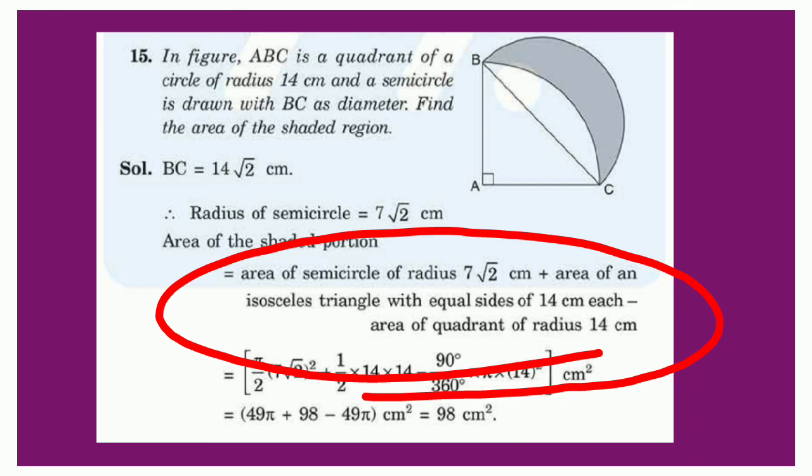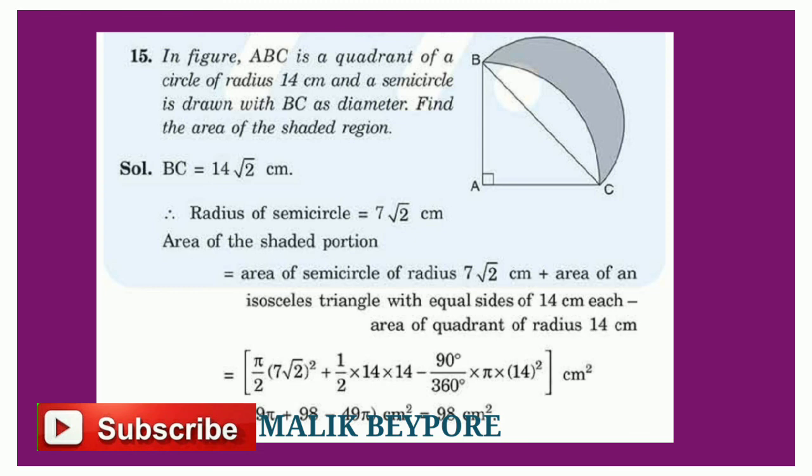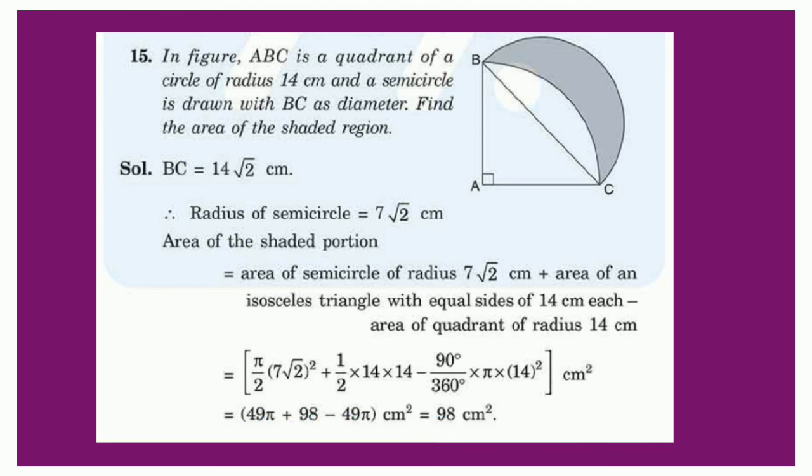So we can write the area of the shaded portion is equal to the area of the semicircle of radius 7 root 2 centimeter plus the area of an isosceles triangle with equal sides of 14 centimeter each minus the area of the quadrant of radius 14 centimeter.